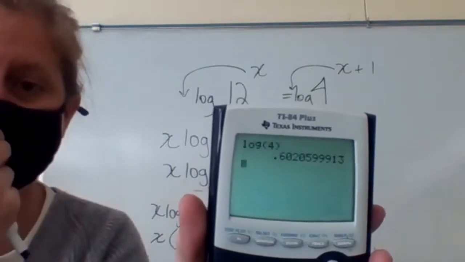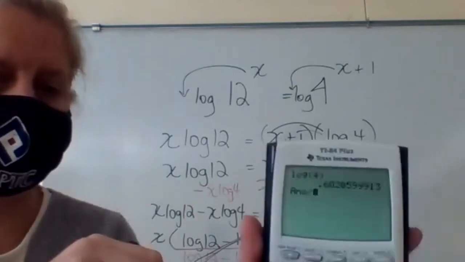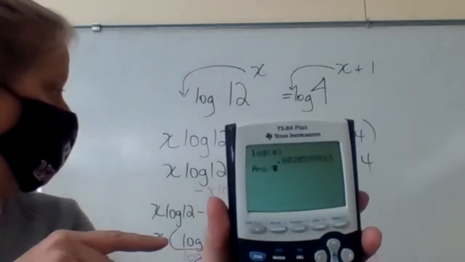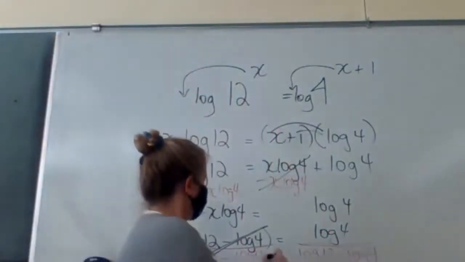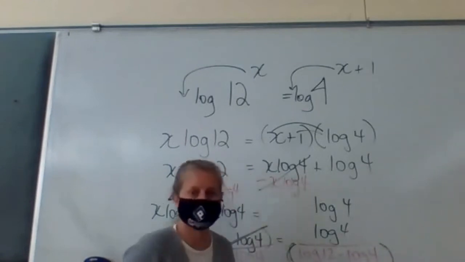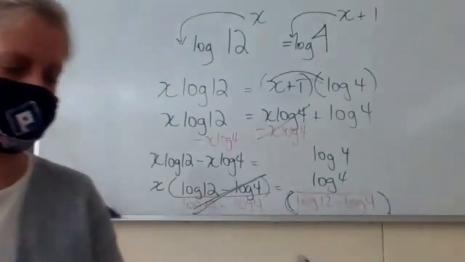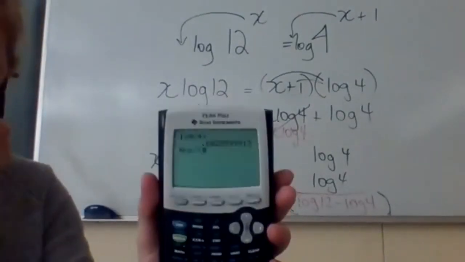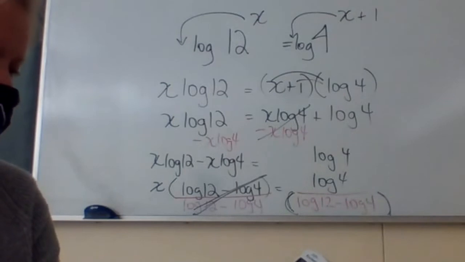Now, you want to divide this by, so answer divided by. I want to tell it to divide by this whole thing. So I'm going to do an open parentheses. Now, after my open parentheses, I'll have log 12.